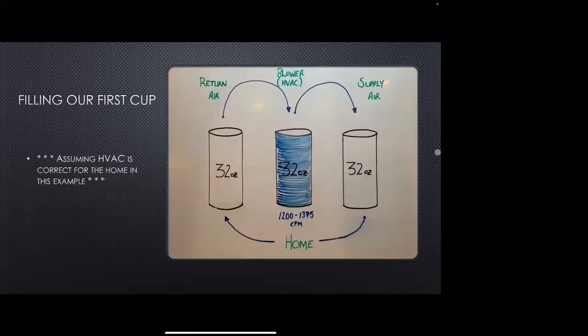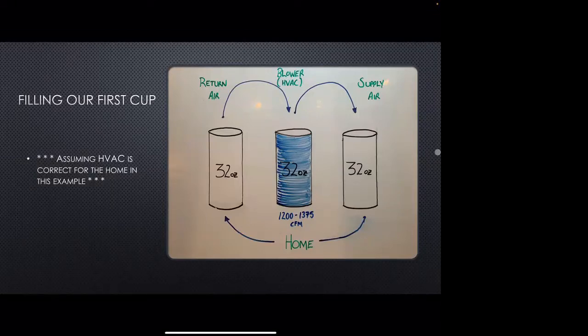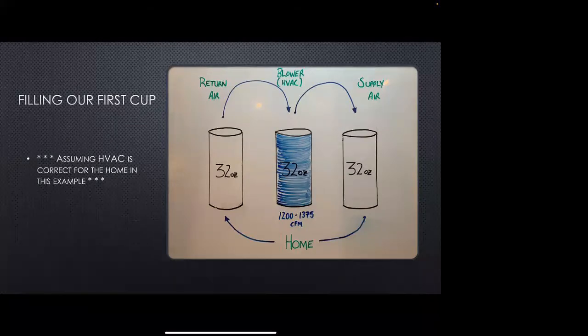So we're going to assume, as we're in the home, that everybody's done their job correctly up until the point that you've gotten there, and that HVAC system is the correct size. So again, in this example, we're going to use that this is the correct size of equipment. So we write down underneath this cup here, because that's the home and the HVAC system, how much airflow is needed, 1200 to 1375.